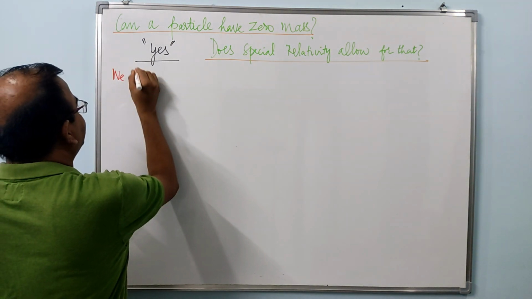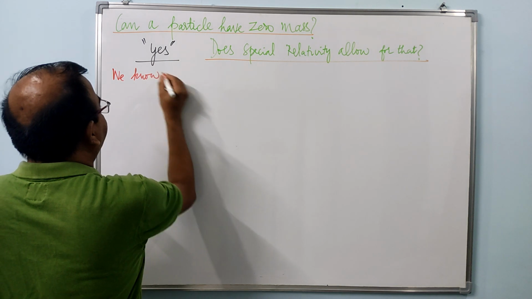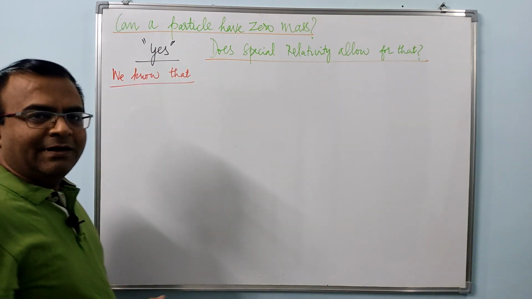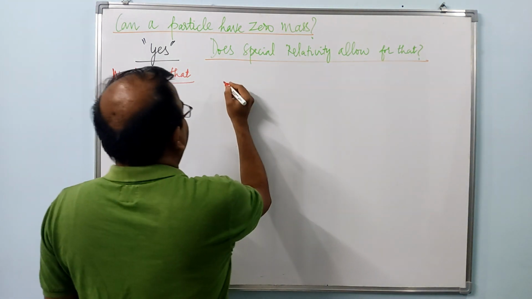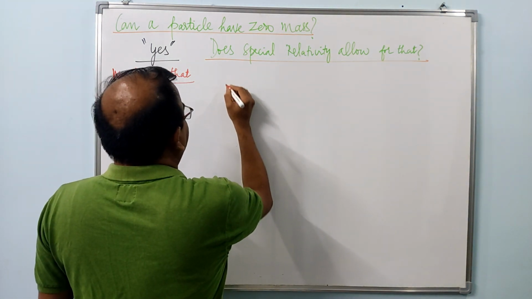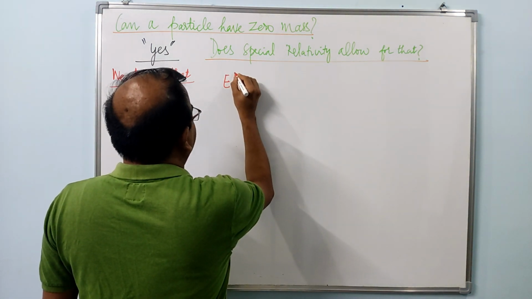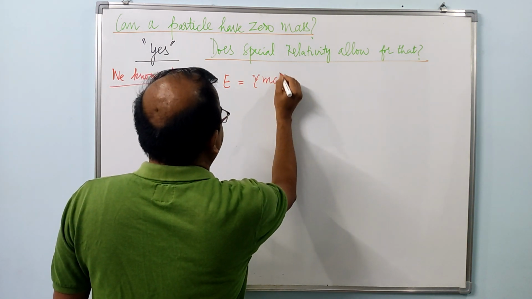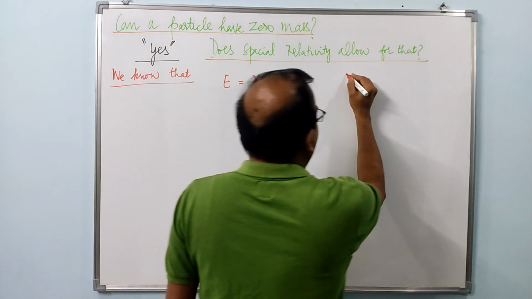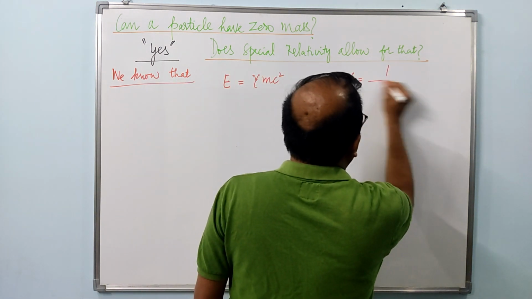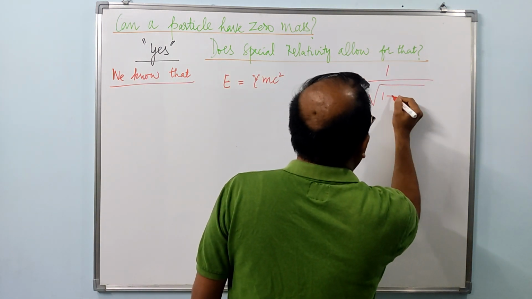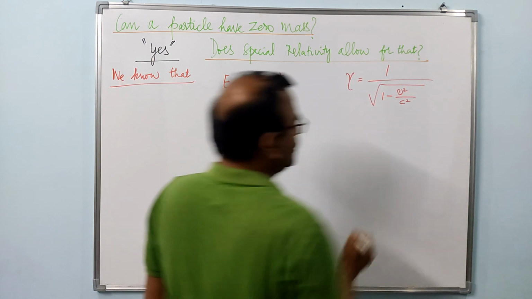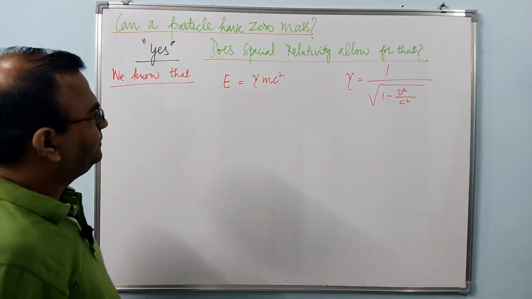We know that the total energy in special relativity, E, let us call that, is given by the expression gamma mc squared, where gamma is the Lorentz factor, given by 1 over square root of 1 minus v squared over c squared.